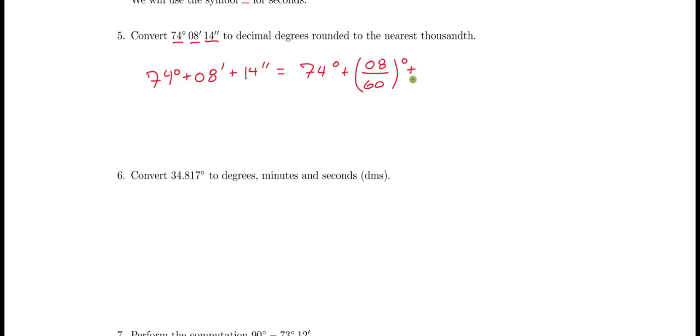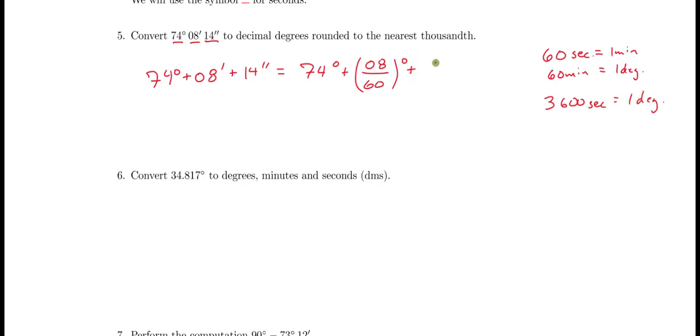And then, if you're interested, there's a way I could explain this. I think I'd rather just show you that if 60 seconds is equal to 1 minute, and 60 minutes is equal to 1 degree, I think you can see then that there are 3,600 seconds equal to 1 degree.